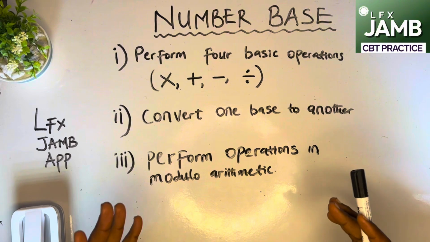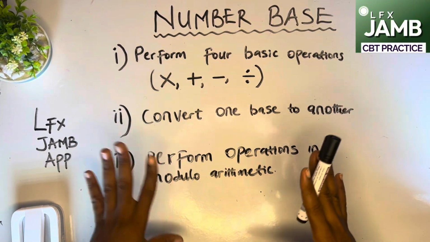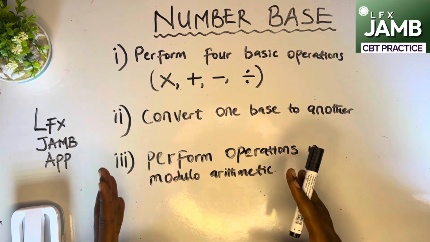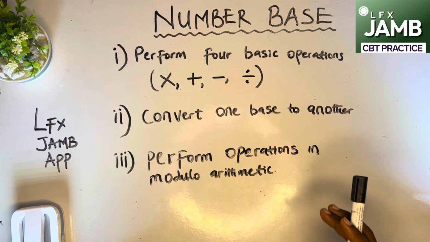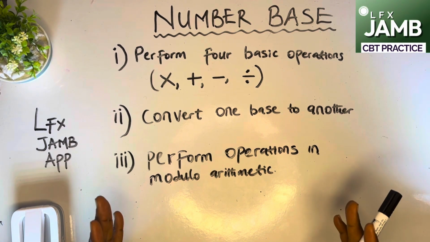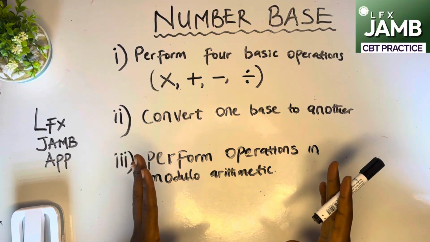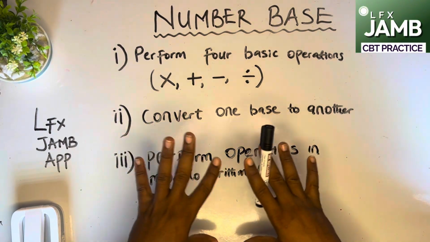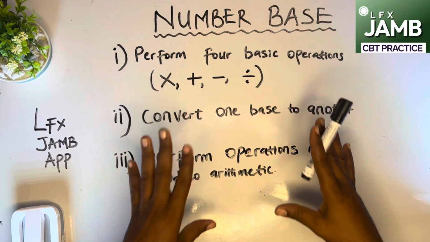You can convert from base 2 to base 10, from base 10 to base 8, from base 9 to base 5. Then the final stuff is to know how to perform operations in modular arithmetic. So when we're done with all these objectives, we should be able to solve any question Jamb throws at us concerning number bases.